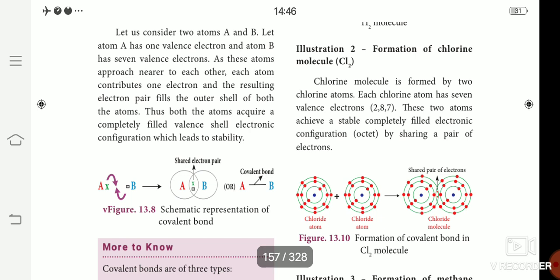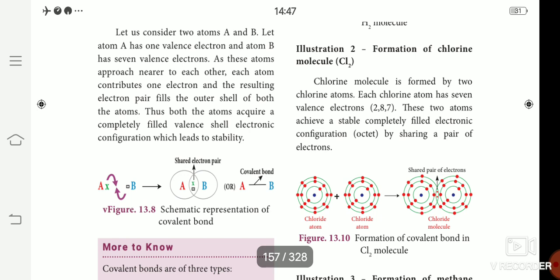The next chlorine atom is also short of 1 electron in the third shell. So one electron from each is shared, a shared pair of electrons, to form the bond. That bond is a covalent bond.